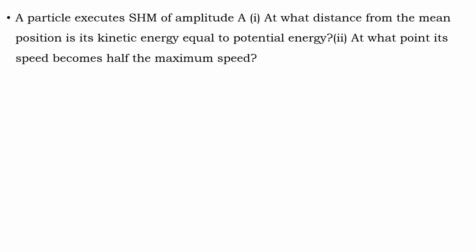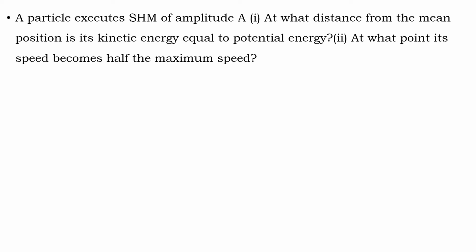Next question. A particle executes a simple harmonic motion of amplitude A. At what distance from the mean position is its kinetic energy equal to potential energy? And the second part is, at what point does its speed become half the maximum speed.